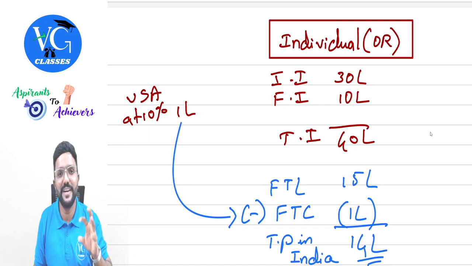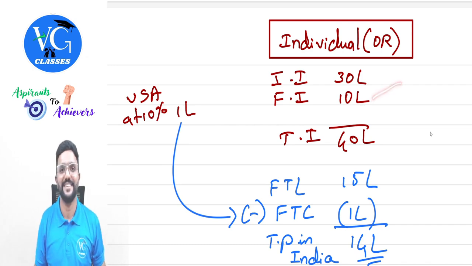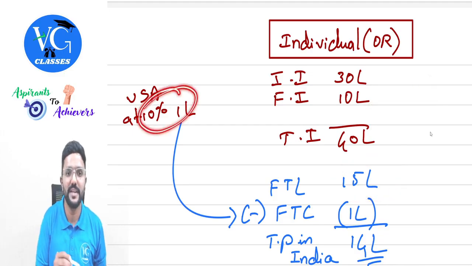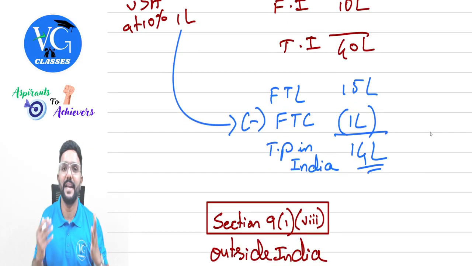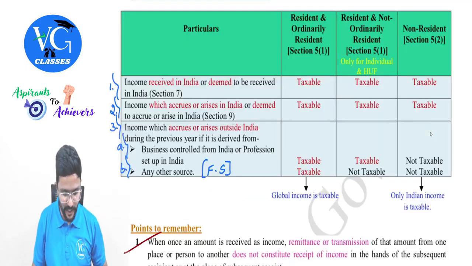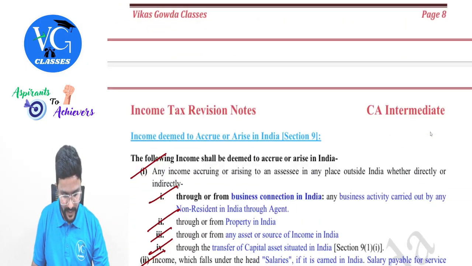So what the Indian government did indirectly is make you pay tax at 20% in India on this 10 lakh. Why so? Because while calculating this 15 lakh, I would have calculated 30% on 10 lakh. They are giving credit at how much? 10%. So the individual ended up paying the remaining balance of 20% in India, guys. Is that clear? Yes, this is what the Indian government is doing.